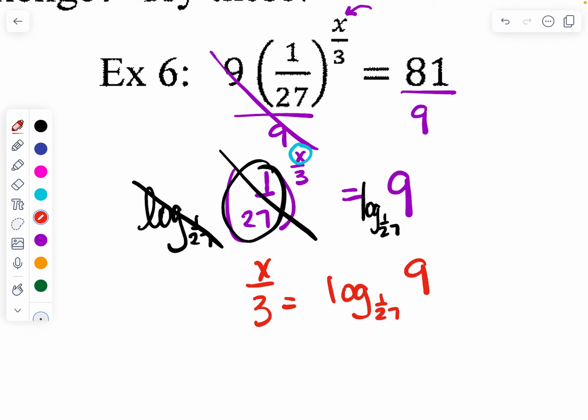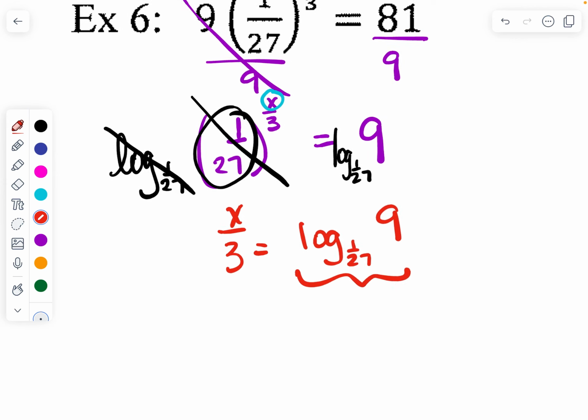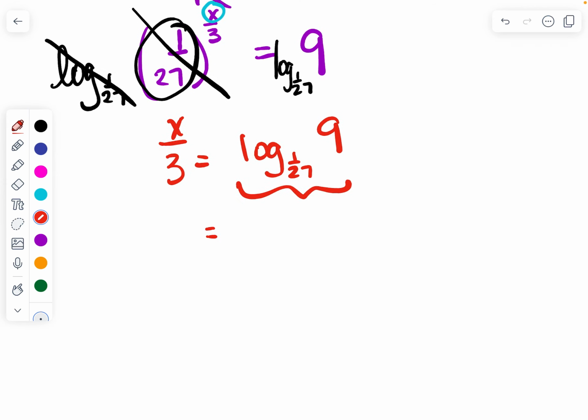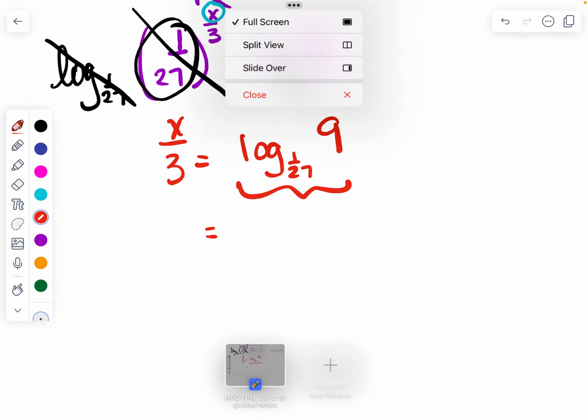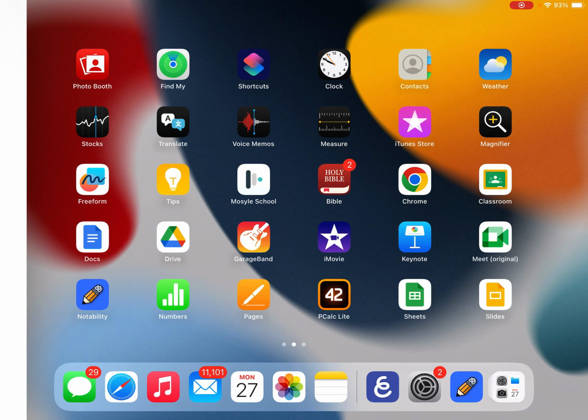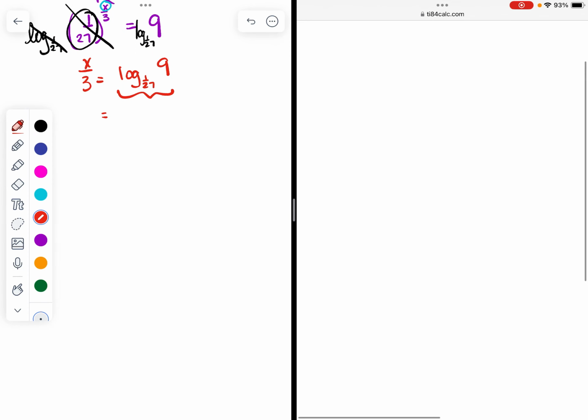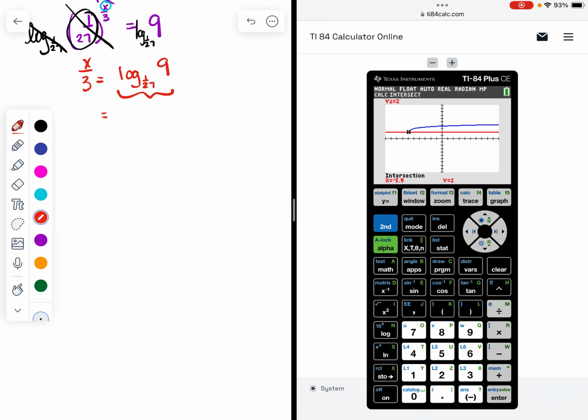To solve this, we can put this in the calculator. You can either use it directly or use the change of base. Let's go ahead and do that. Here's my calculator. We're going to go to second quit to get back to your regular screen.